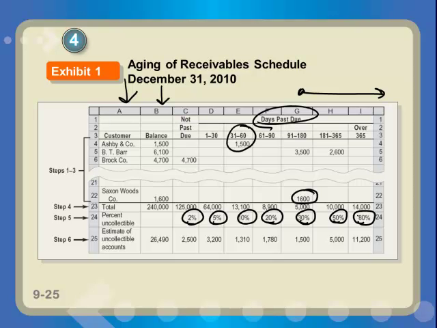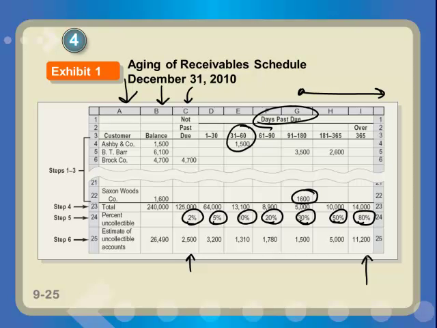This schedule shows that they think that 2% of the people that aren't past due yet are not going to pay. And you can see this goes up to 5% if they're a month past due, 10% if they're over a month, and up to 80%. If they're over a year past due, they're 80% likely not to pay us, which makes sense.